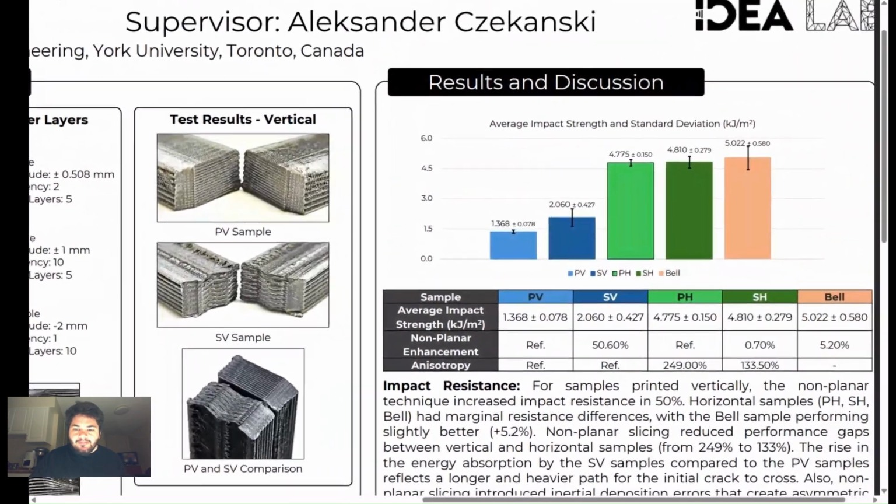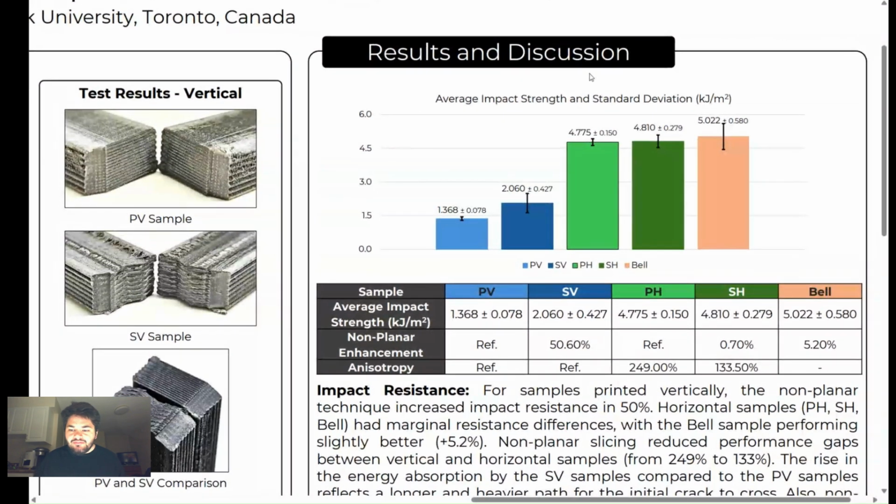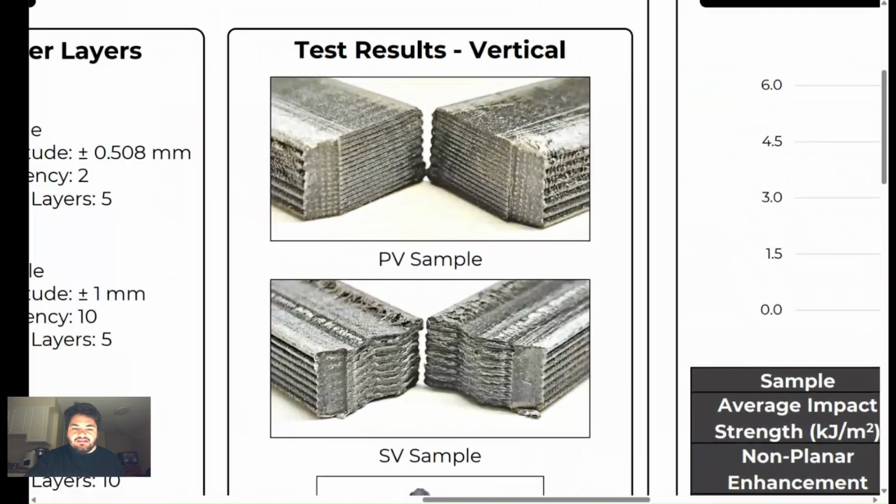In the results, you can see that the sinusoidal vertical sample presented a 50% increase over the planar vertical sample. This is because of what we see in the fracture surface, where the impact comes from above.